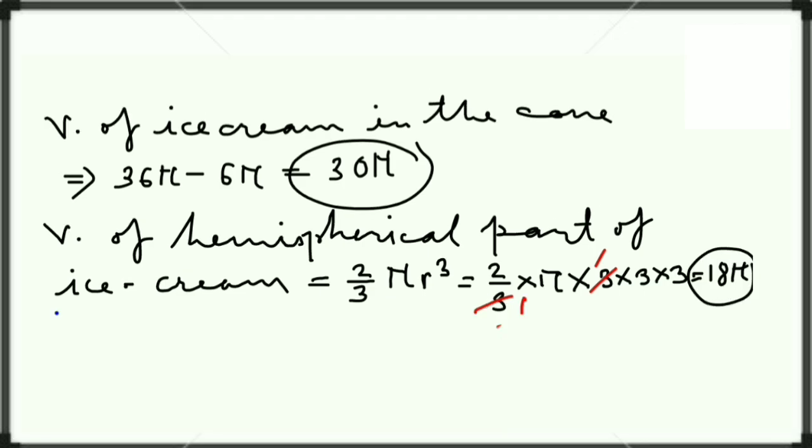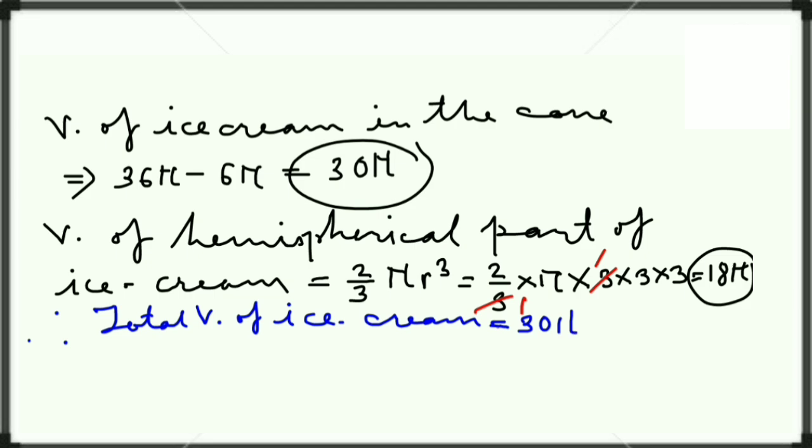Okay, now the total volume of ice cream will be 30 pi plus 18 pi, and here pi can be taken as common, and here remains 30 plus 18.